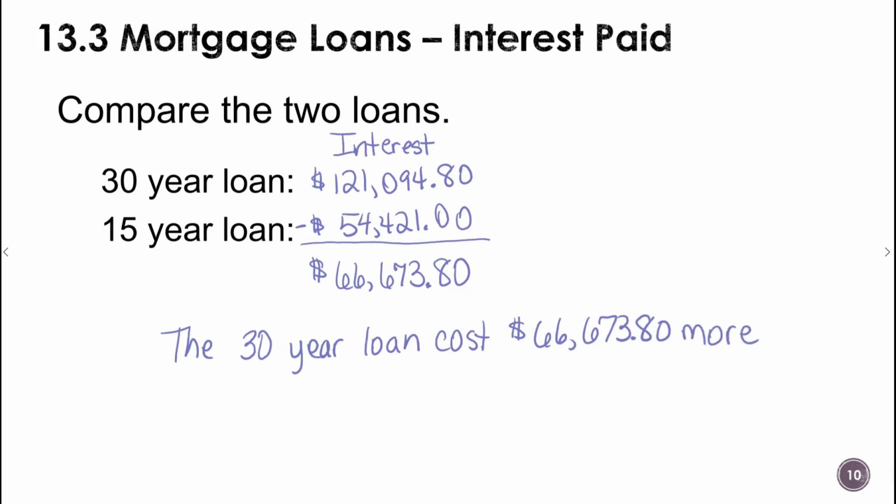That's a lot, you guys. Now, there are different scenarios where you pay extra per month, and you can lower the number of years you pay, which also lowers your interest, and that is something that you might want to look into if you did have a 30-year loan.